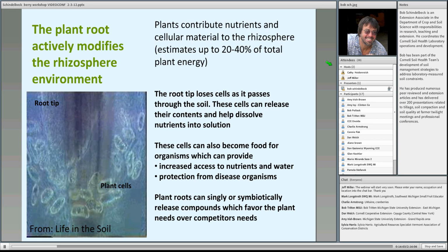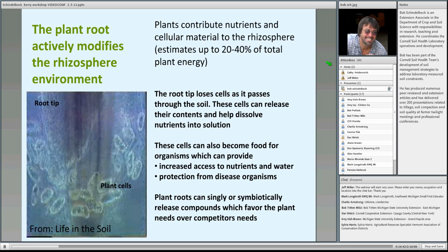The way I like to think about it is not unlike a tree growing out in a field, that as it pulls nutrients out of the ground, it grows leaves and then drops those leaves ultimately onto that same soil. So the plant in fact does very overtly modify its soil environment, by pulling nutrients out, turning them into leaves, dropping the leaves. As those leaves break down, compounds are released that help the plant ostensibly continue to survive.